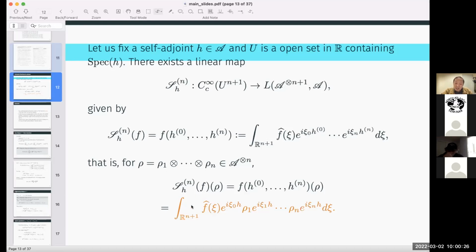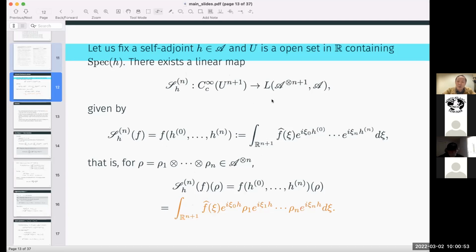Yes, so this orange part tells you how this operator acts on these elementary tensors. And then from this n-fold tensor to A, you apply this multiplication in here. Usually when you talk about functional calculus, you expect this to be an algebra map, right?